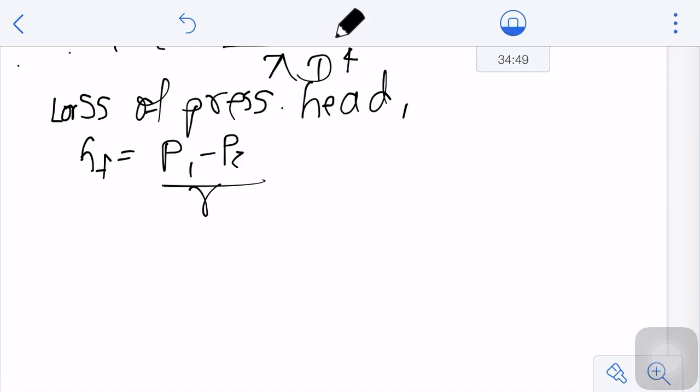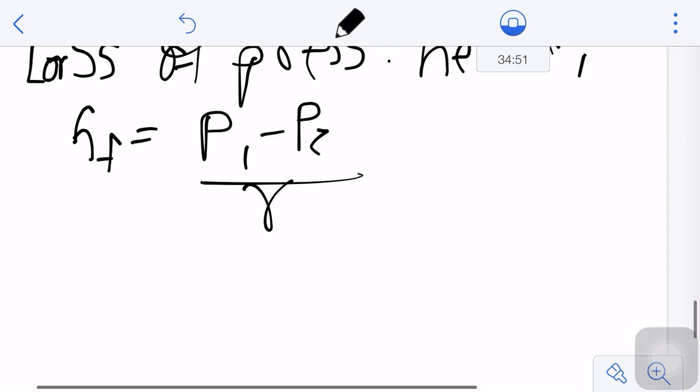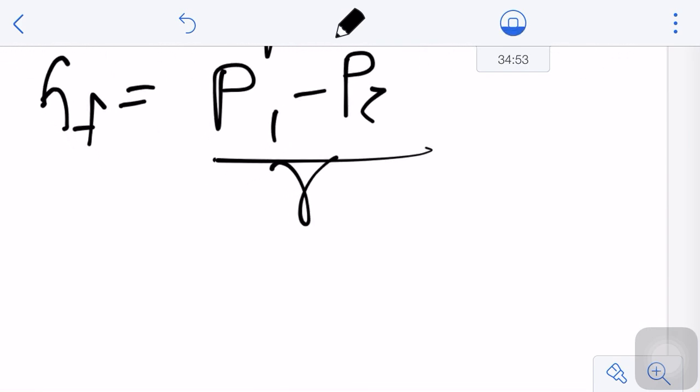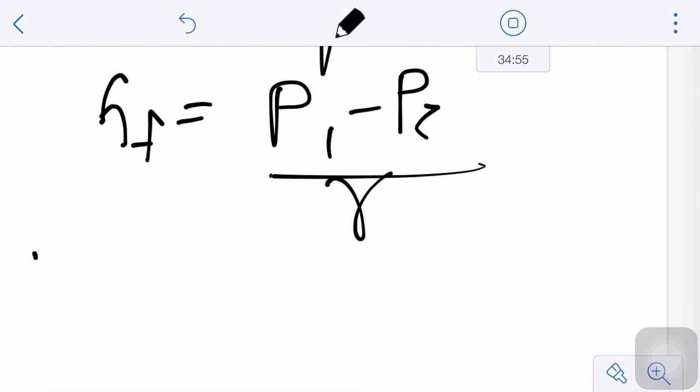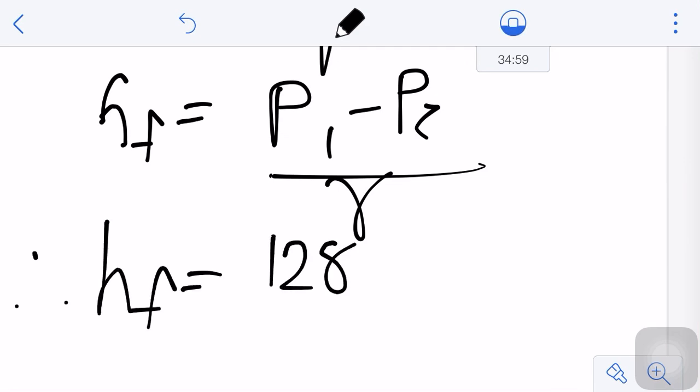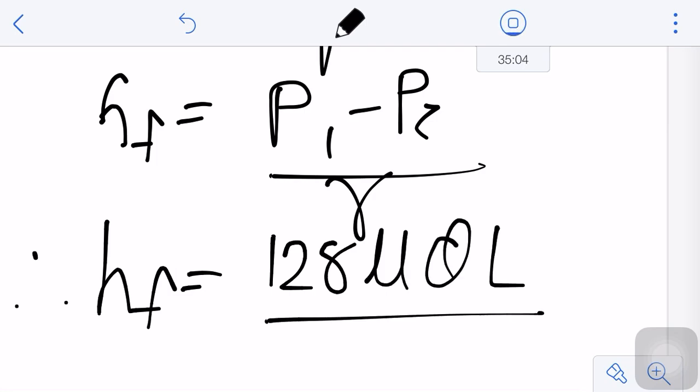So substituting the value of P1 minus P2 into this equation, we can write HF is equals to 128 mu into Q into L divided by gamma pi d raised to 4.